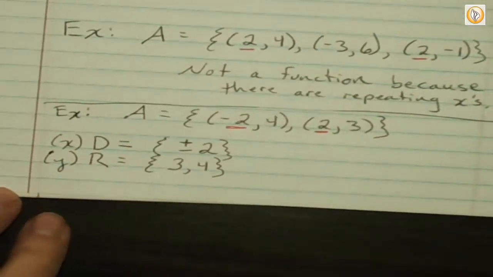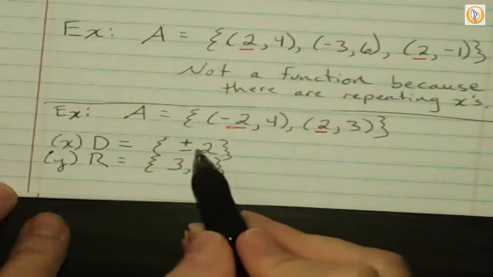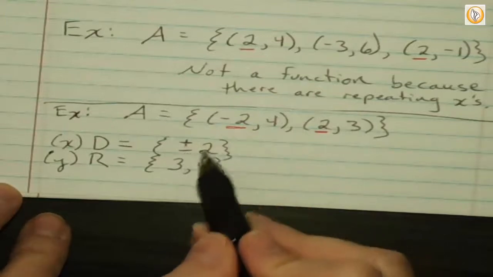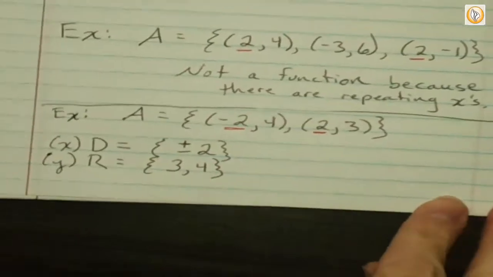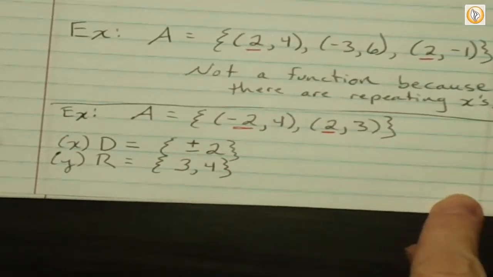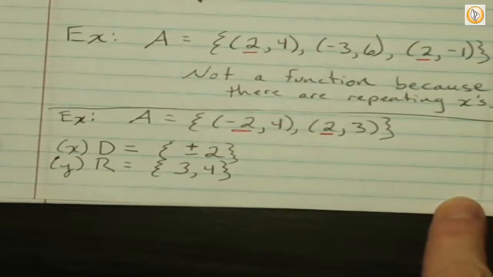You may have an Algebra 2 teacher that says, oh no, you have to do it that way. I'm not going to force you to do it. But this is a way of saying there's a -2 and a +2. You guys are always wanting to cut corners and write as little as possible. There's your chance to write one less number.